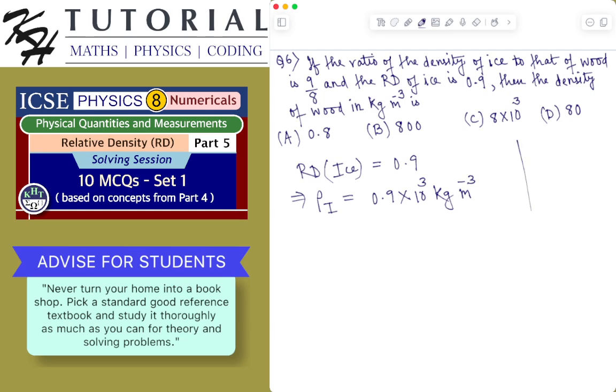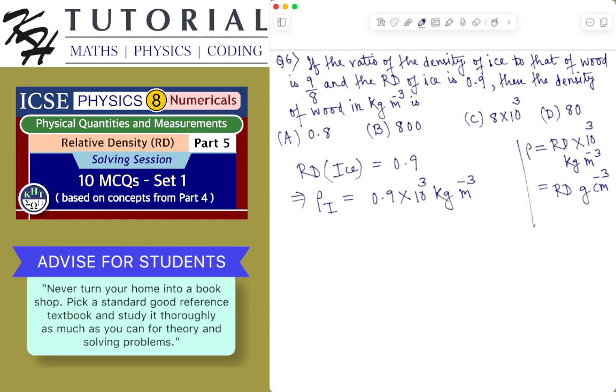Applying the concept that the density is equal to RD multiplied by 10 to the power 3 in kilogram per meter cube, or the density is also equal to RD this much in gram per centimeter cube. Okay. So we know the density of ice is 0.9 into 10 to the power 3 kilogram per meter cube.